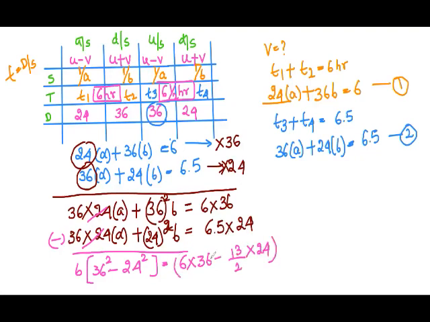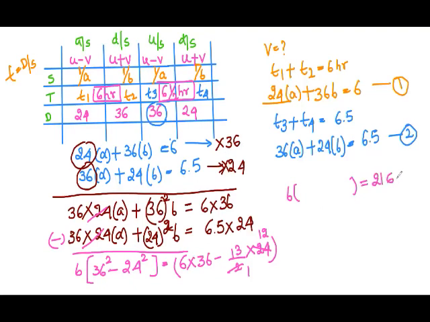Now if you further simplify, I will show you how to find the squares. Here 6 into 36: 6 sixes are 36, 6 threes are 18, so you will get 216.